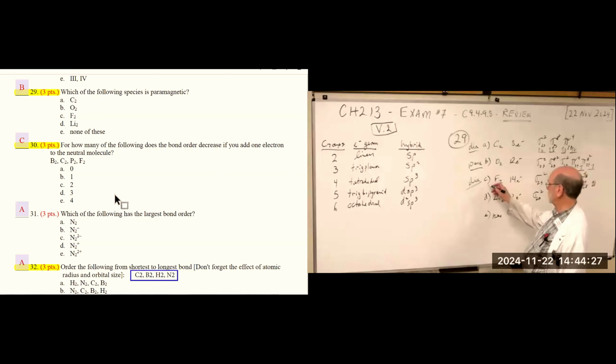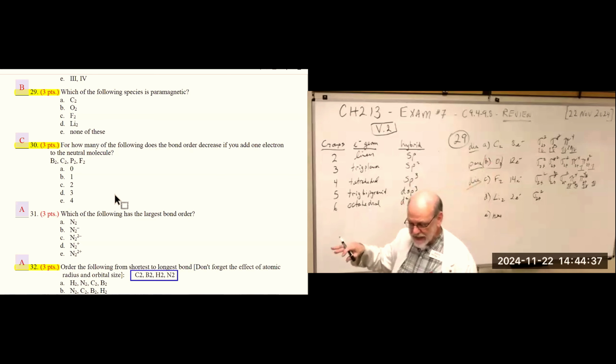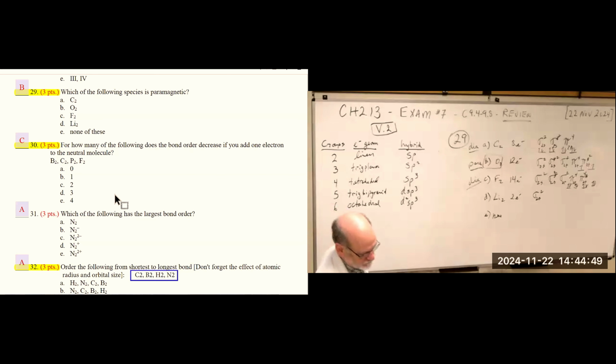So we found our paramagnetic right here. Should be B. Now, if you don't remember how to write those out, this molecular orbital page will be on the test. So it can back you up.